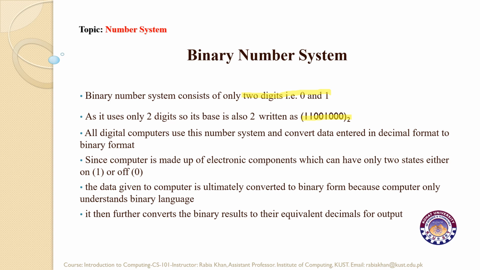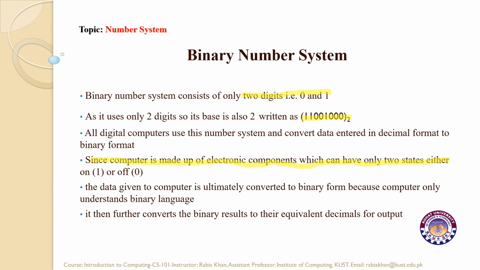As we all know, computers are made up of electronic components, and those components have either of two states. One, that means the component is working or on, or 0, that means the component is off. So the data given to the computer is ultimately converted to binary form, since the computer only understands this binary language.